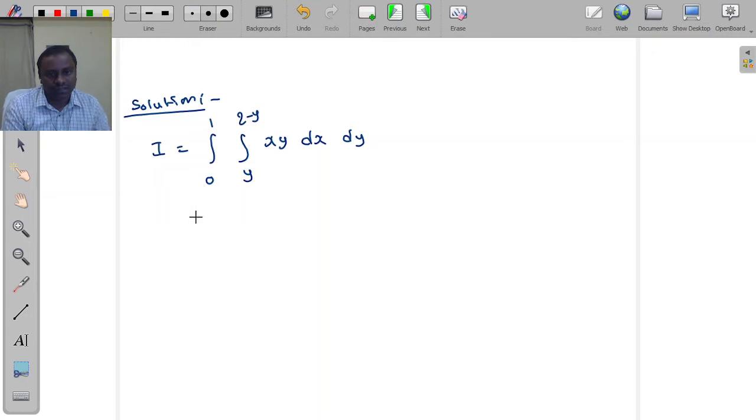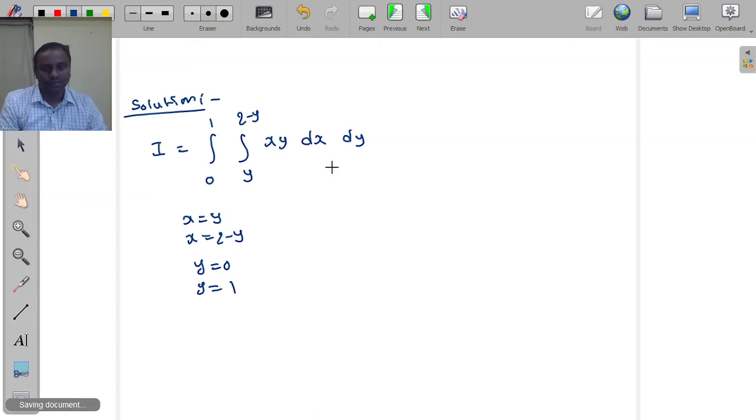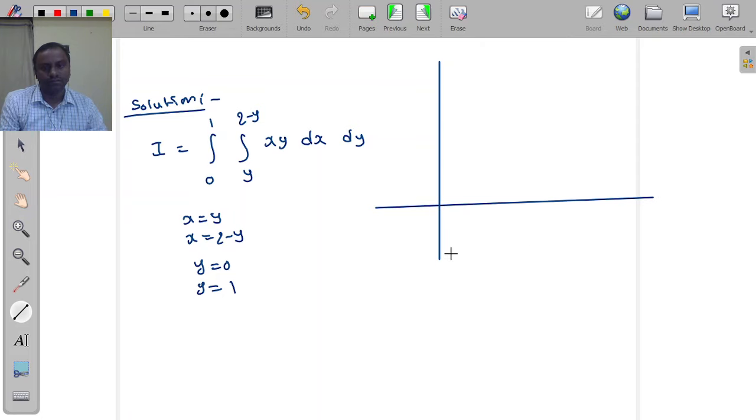So x is varying from y, this is one equation. Another equation for x is 2 minus y. The y limits are y equal to 0 and y equal to 1. Now the line x equal to y is this one, and this is the x equal to 2 minus y line.